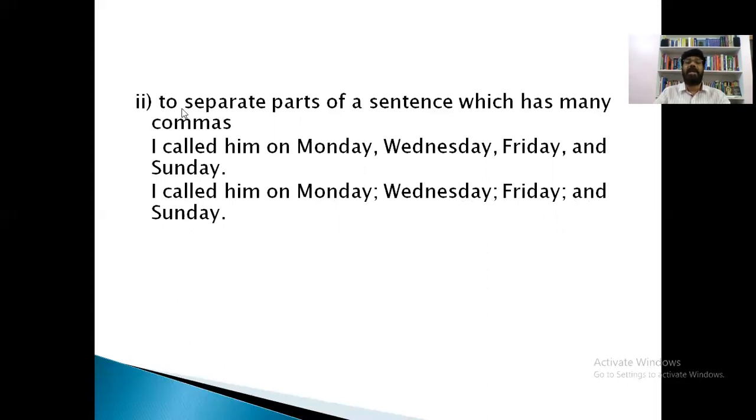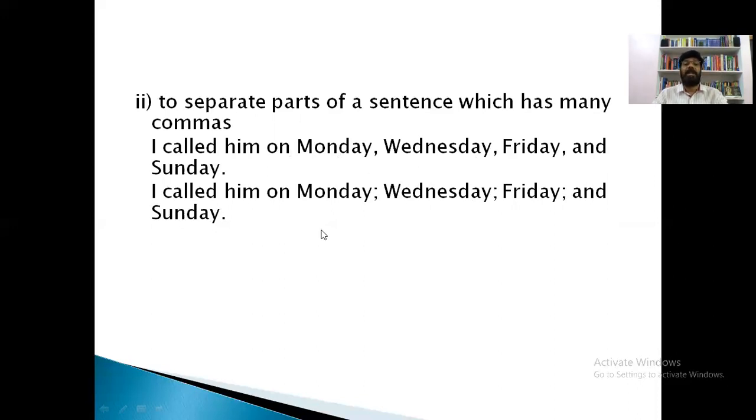What is the second use? To separate parts of a sentence which has many commas. If there are so many commas in a sentence, such commas can be replaced with a semicolon. I called him on Monday; Wednesday; Friday; and Sunday. Here in this sentence we are observing so many commas, so instead of using such a number of commas, we can use semicolons.